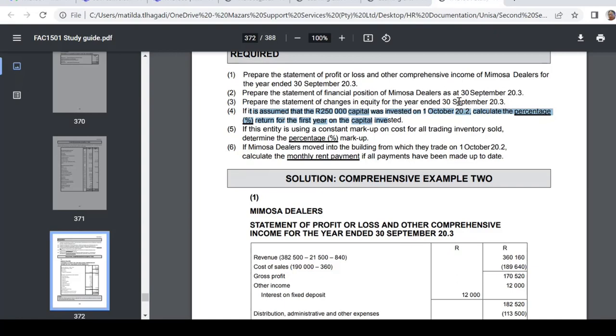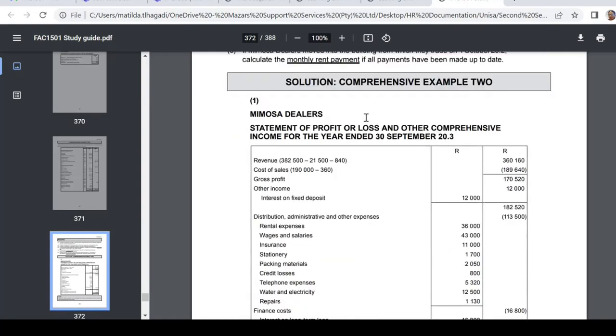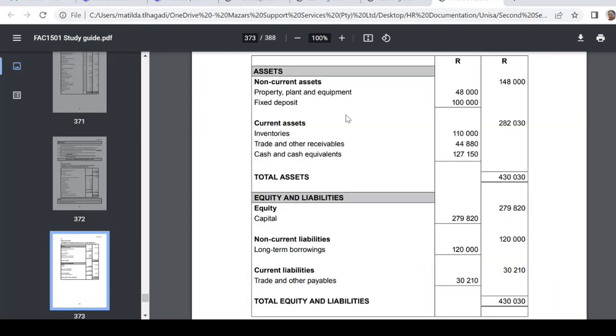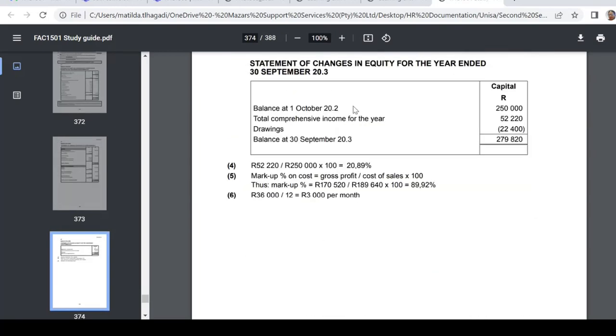Because now they're asking percentage of return, which is just the profit divided by the capital. And the other one is just the markup, which is gross profit divided by cost of sales.